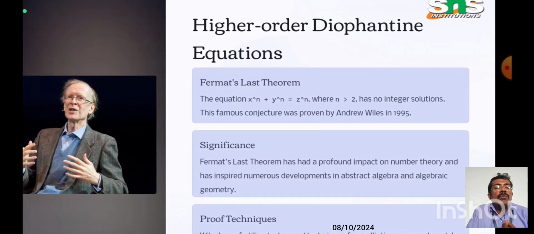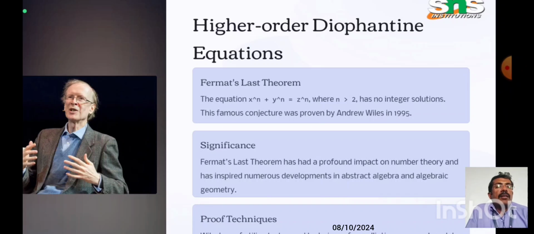According to Fermat's last theorem, the relation between the variables x, y and z shows that there cannot be integer solutions of such equations where n is greater than 2.